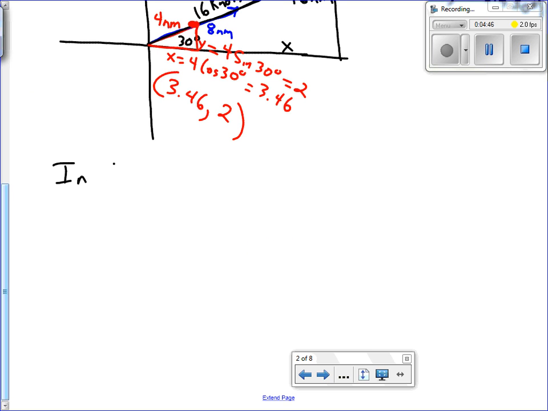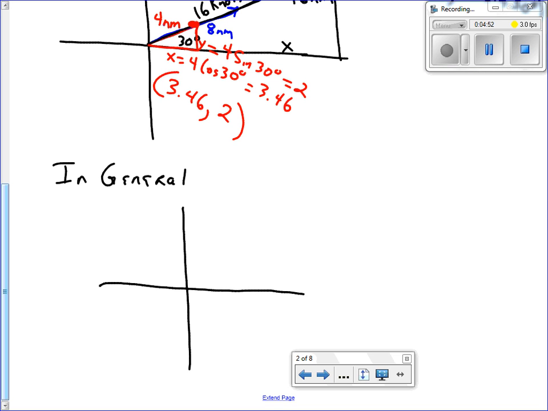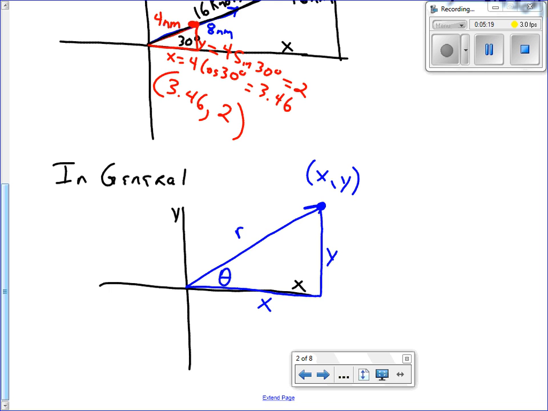So in general, given a coordinate plane of xy and a vector of angle theta with a fixed magnitude of r, then the point xy is just r cosine theta, r sine theta.